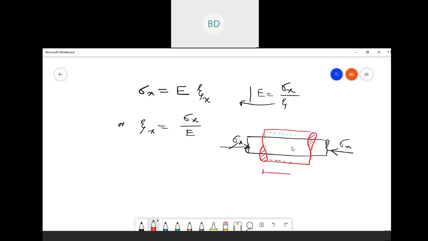Suppose the initial length is capital L. Now it is decreased by delta L. But initially suppose the area of cross section was A. After compression, it will increase to A plus delta A. Are you clear?